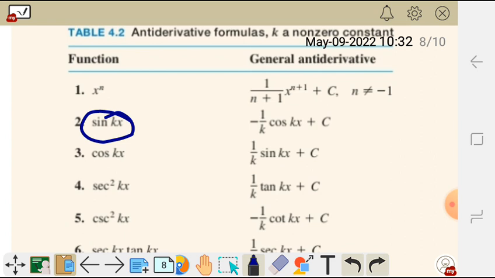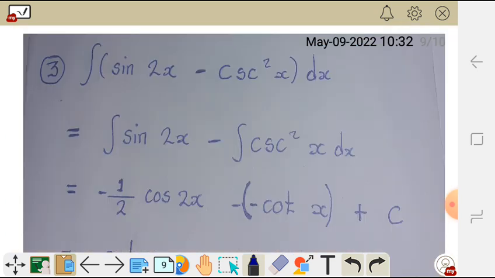To apply that in this question, we say the constant is 2, so we have 1 divided by that constant 2, and then the antiderivative of sine is negative cos 2x the way it is. And then for cosec squared, the antiderivative is negative cot.